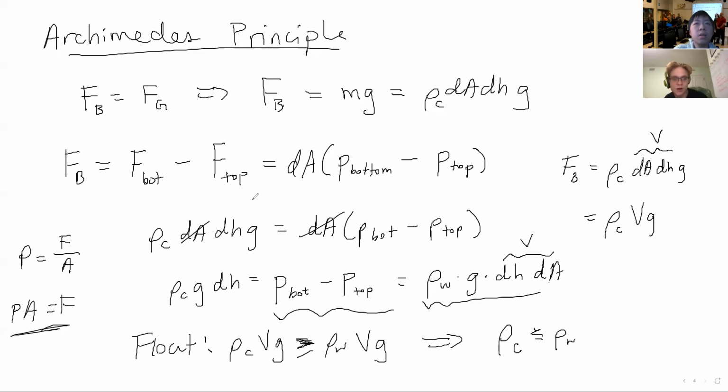In the very final line where you're describing floating, it should be PCDH is greater than or equal to PWVG.